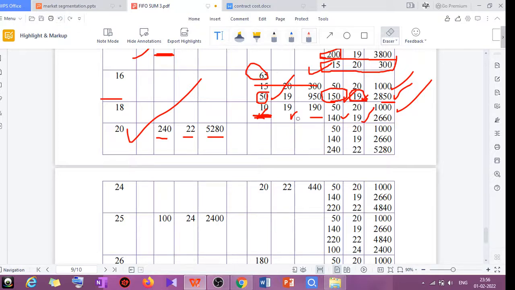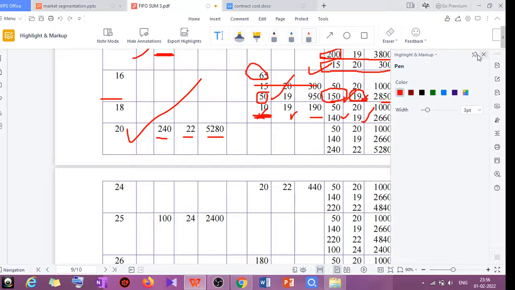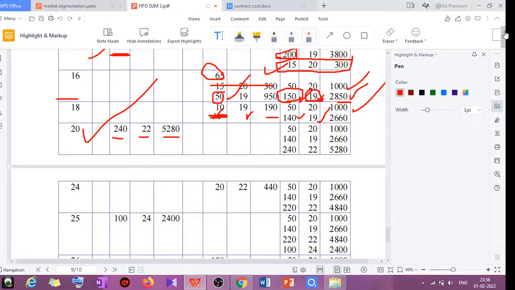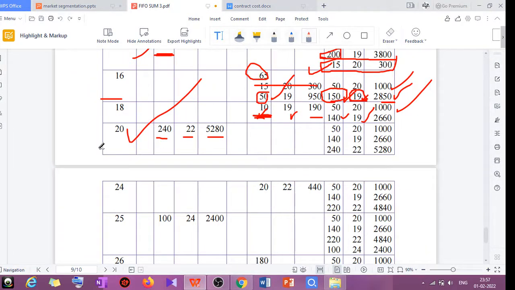Okay, now I think you can see. What I was explaining was on 24th 20 units returned to supplier. What is the rate? 22. So take 22, it will be 440.